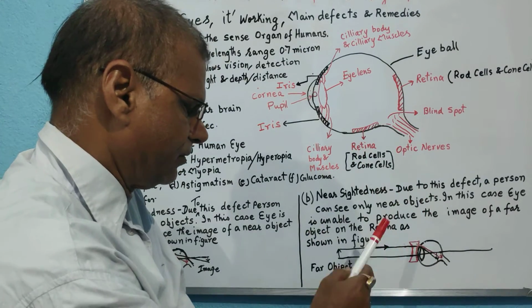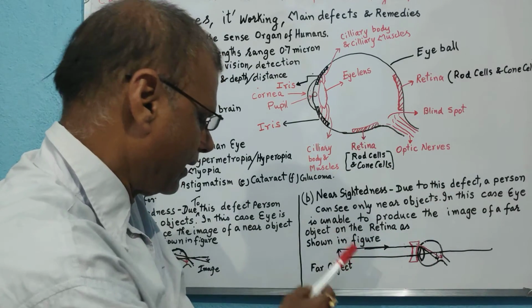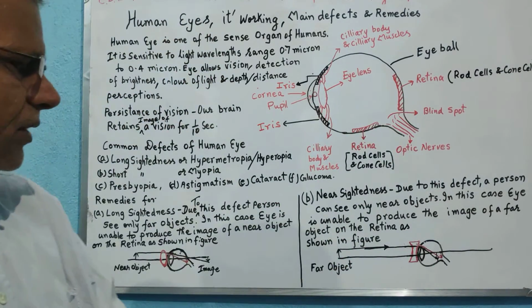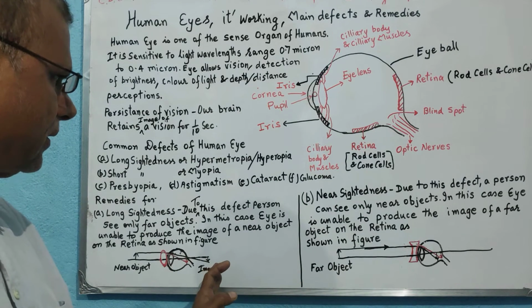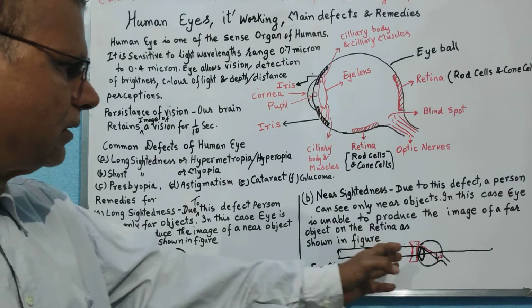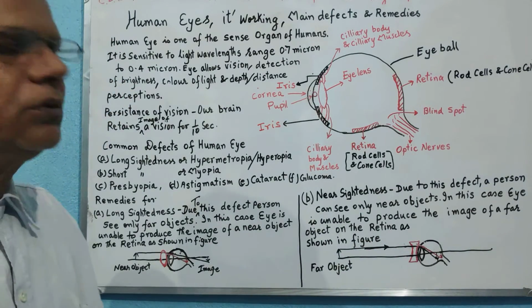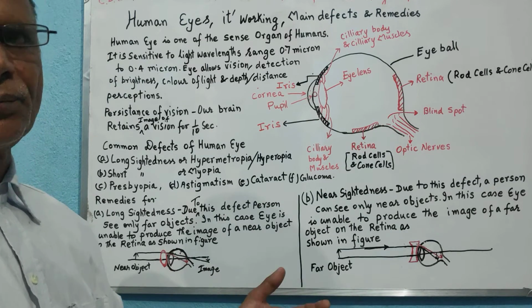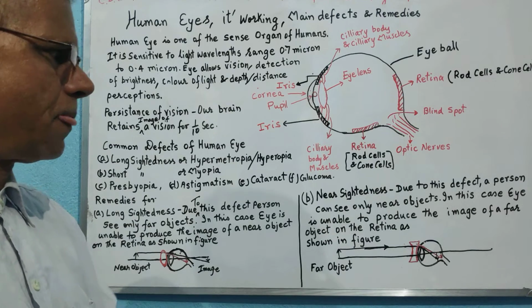Once the image is formed on the retina, we are able to see the far objects as well. So this is how we remove the defect. The defect is there, but we are now able to view the far and near objects both.